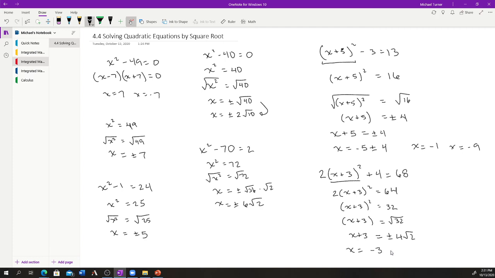Now, when you have a term that has a radical and a term that doesn't, there's no real way to combine those. You could do a decimal approximation if the book or your instructor asks for that. Otherwise, we're just going to leave it as negative 3 plus 4 radical 2 and negative 3 minus 4 radical 2. And that would be my final answer.